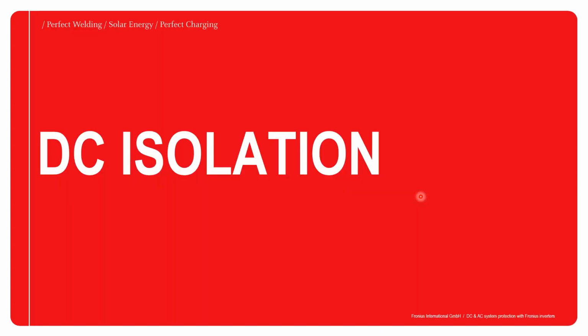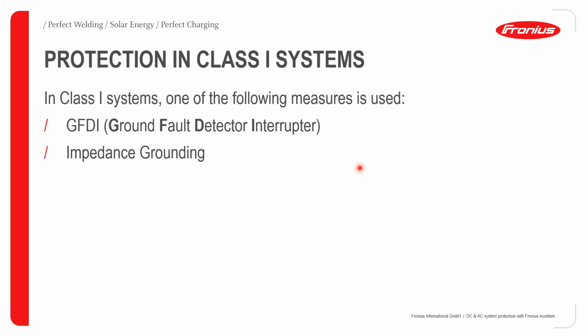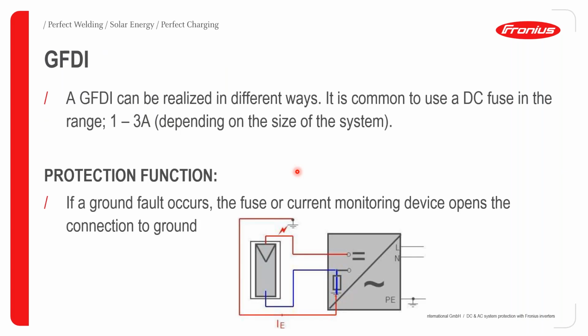Let's have a closer look at the DC isolation and what this is all about. For protection in class 1 systems, one of the following can be used as a protection measure. You can have what we refer to as GFDI, or the ground fault detector interrupter, and also impedance grounding.